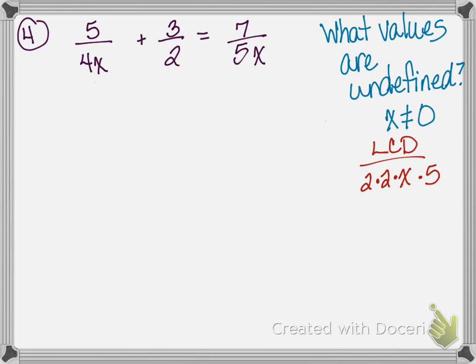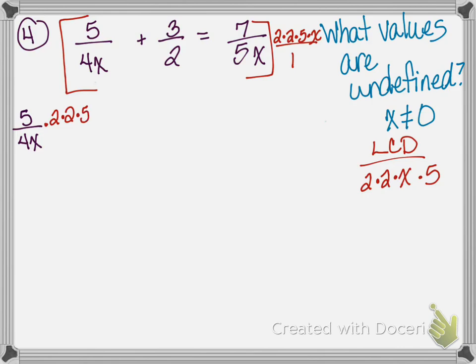So now what I'm going to do is I'm going to multiply everything times 2 times 2 times 5 times x. Okay, so I have 5 over 4x, and I am going to multiply that times 2 times 2 times 5 times x over 1.